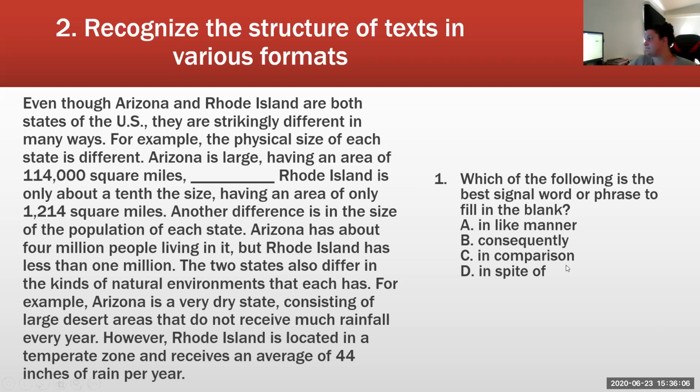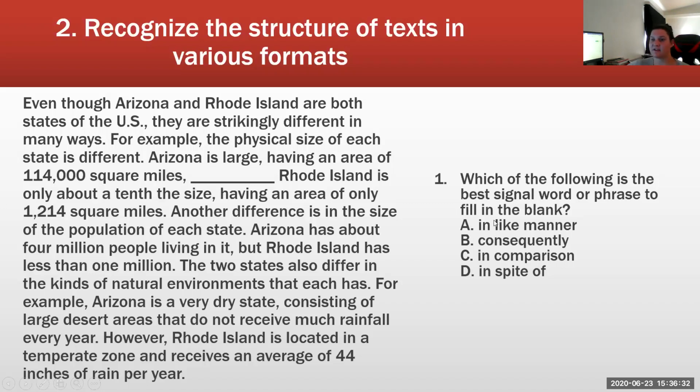So which of these statements could be plugged in right here to this sentence? Arizona is large, having an area of 114,000 square miles. Blank, Rhode Island is only about a tenth the size, having an area of only 1,214 square miles. So we're looking for a phrase that compares the two.